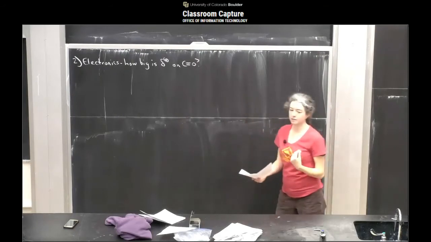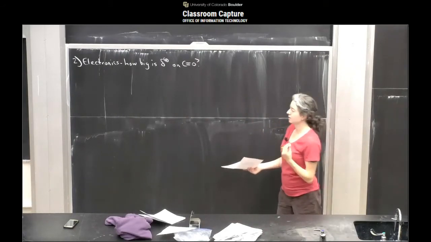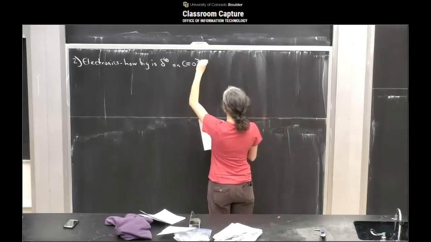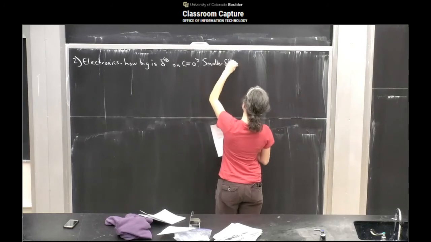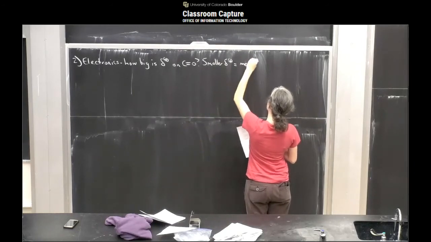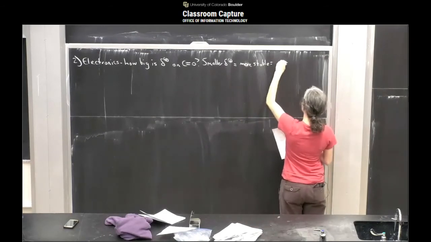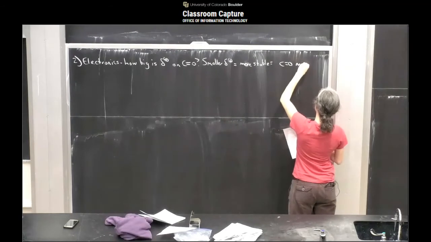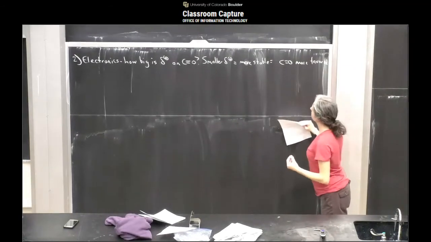So a smaller delta positive means more stable, means the starting material is actually a little bit more favored.